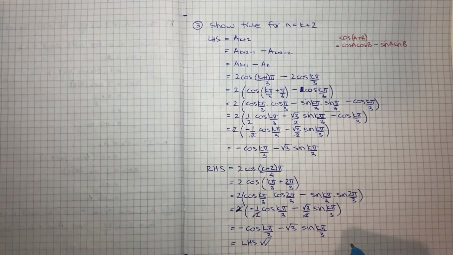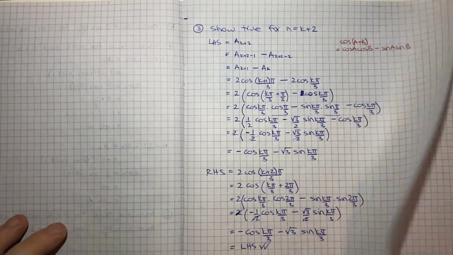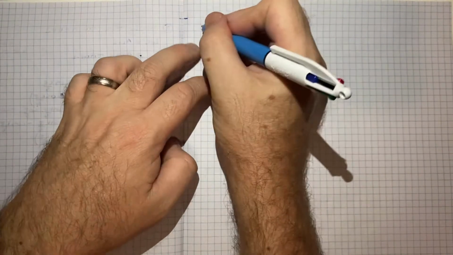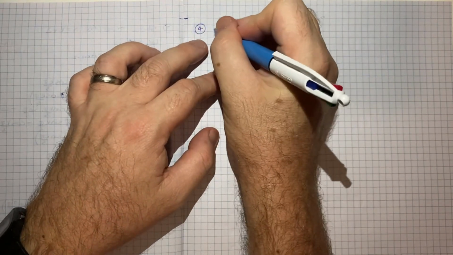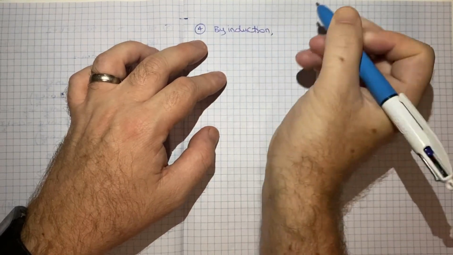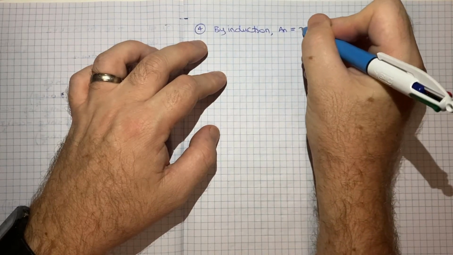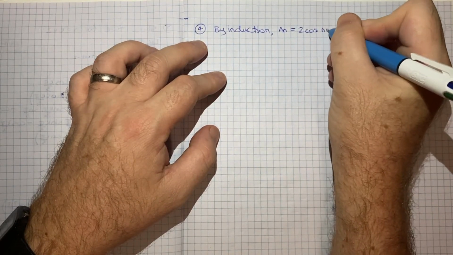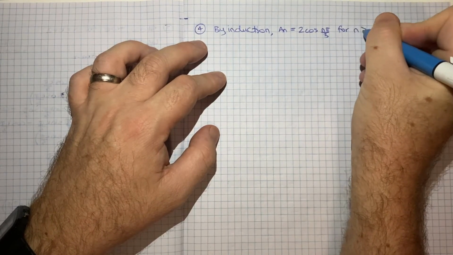Alright, so that is the hard work of the induction done. Now I'll just turn over to do our final formal step where we state by induction what we can conclude is that a n is equal to 2 cos n pi on 3 for n greater than or equal to 1.